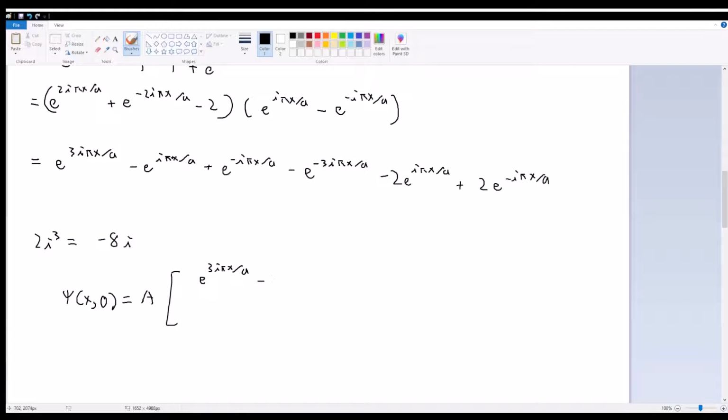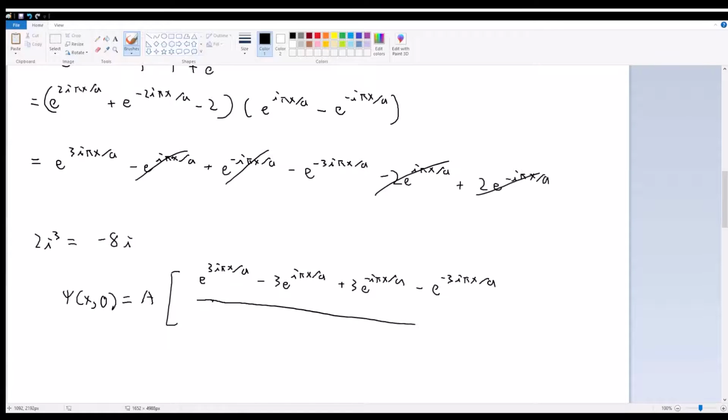This is going to be minus 3e to the i pi x over a, and then plus 3e to the negative i pi x over a, and then minus e to the negative 3i pi x over a. Is that correct? Yeah, that should be. And then at the bottom, we're left with negative 8i.